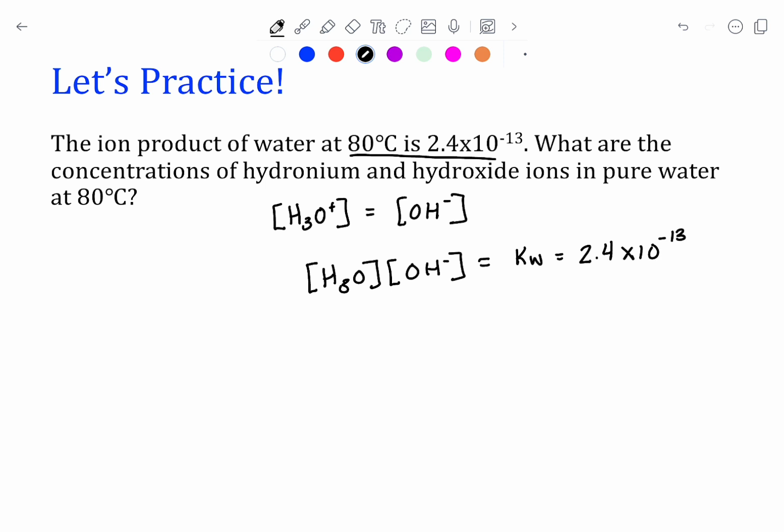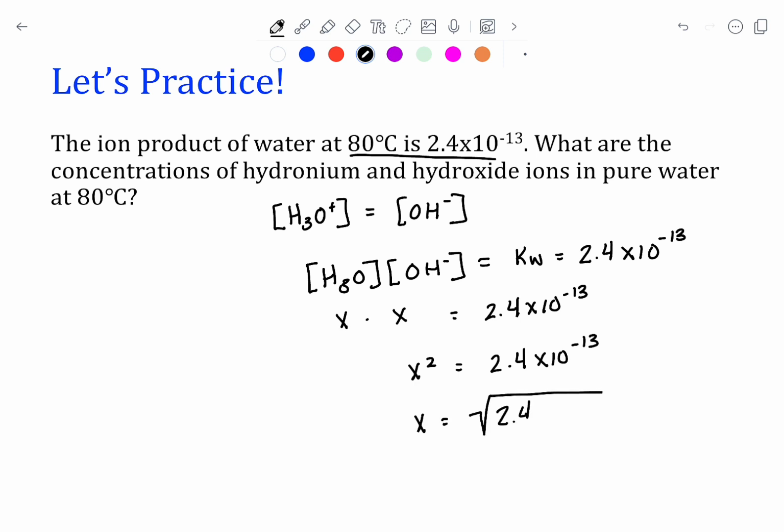So we can solve for those concentrations by setting each of these equal to x. So we have x times x is equal to 2.4 times 10 to the minus 13. We have x squared is equal to 2.4 times 10 to the minus 13. And therefore we can say that x is equal to the square root of 2.4 times 10 to the minus 13.